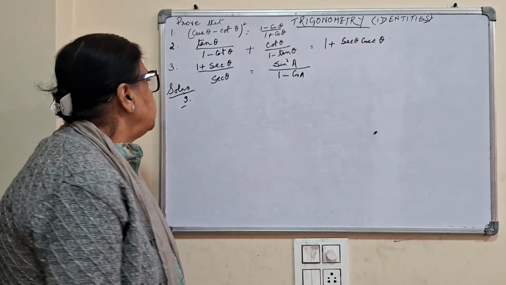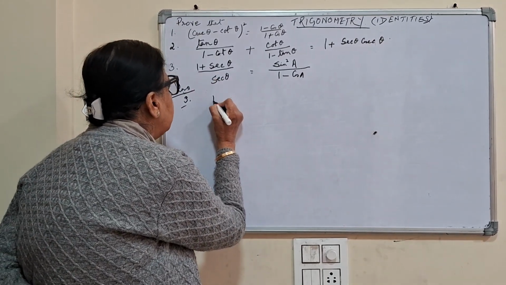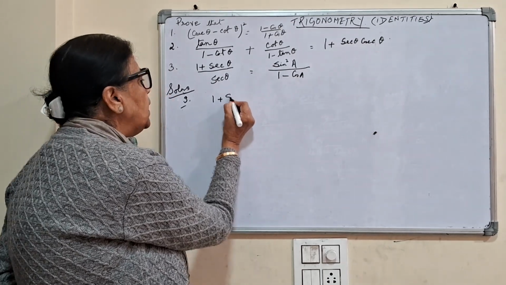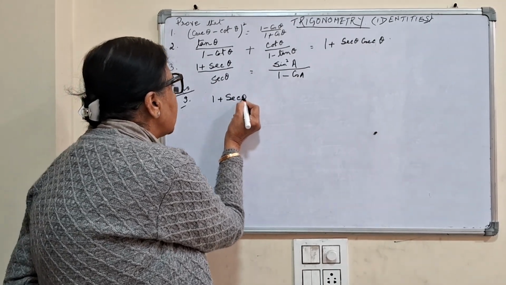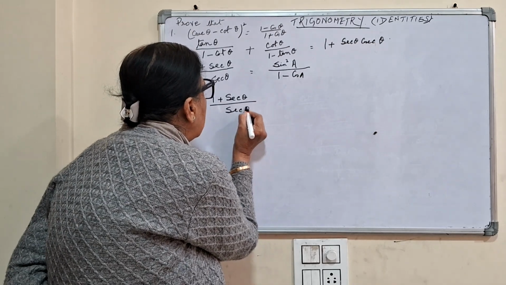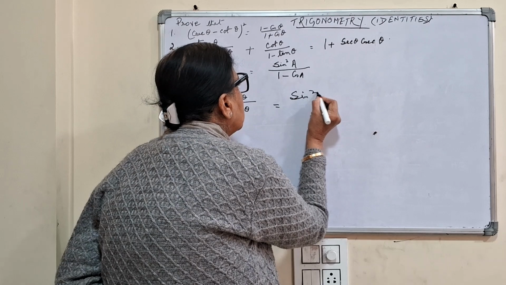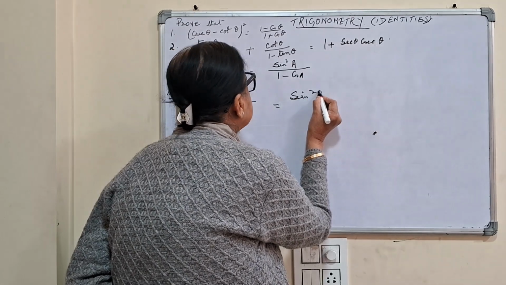Question number 3. That is left hand side, this is a sum given to you. That is 1 plus sec theta divided by sec theta is equal to sine square theta divided by 1 minus cos theta.